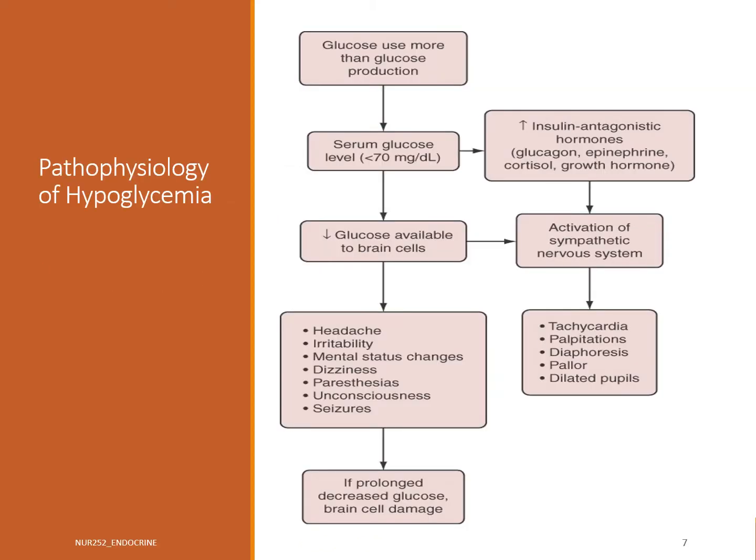The pathophysiological mechanisms associated with acute hypoglycemia are reviewed in this figure. Patients receiving insulin therapy need to be closely monitored for hypoglycemia. This is especially true when the body's requirements are less than the insulin dose, or when injection sites are rotated from an area of diminished capacity to one with unimpaired absorption.